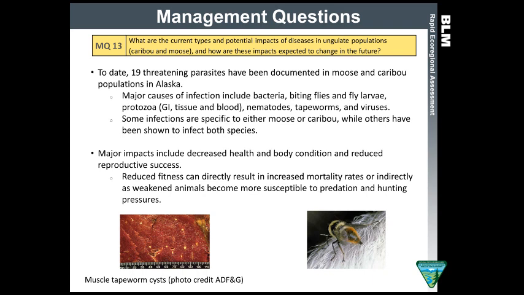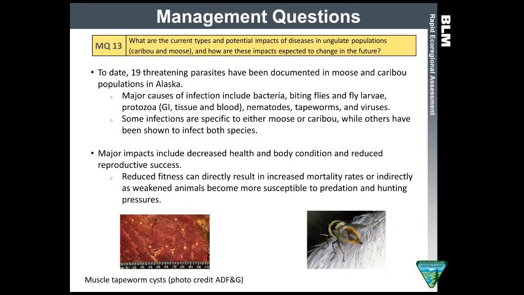These were all so fun to explore for this question. There are such great graphics available on the internet these days. Some of these infections are specific just to caribou or to moose, but some of them are shared by caribou and moose. Major impacts include decreased health and body condition and reduced reproductive success.